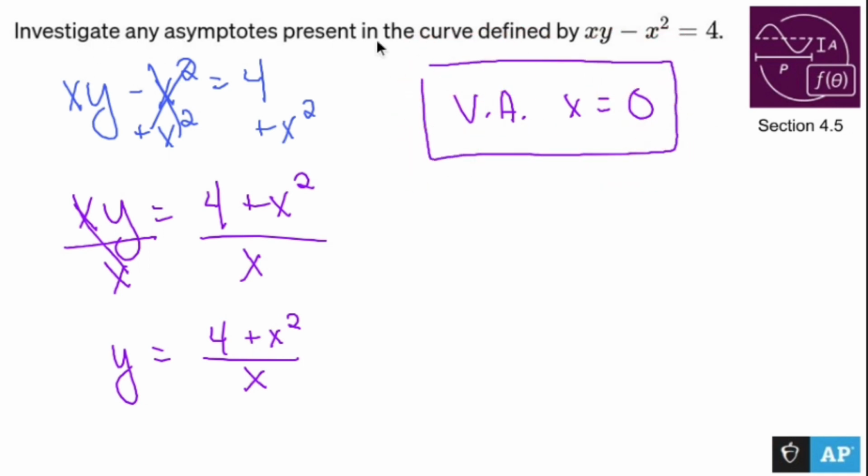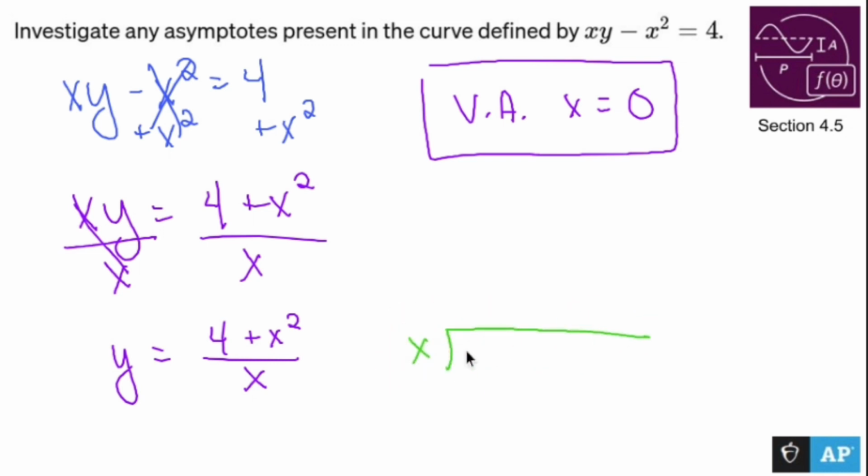Now, before we say we're done, we're not. Investigate any asymptotes. You might remember from Unit 1 that if your degree in the numerator is 1 higher than your degree in the denominator, you have what's called a slant asymptote, which means no horizontal asymptotes. The way you find a slant asymptote is you use polynomial long division.